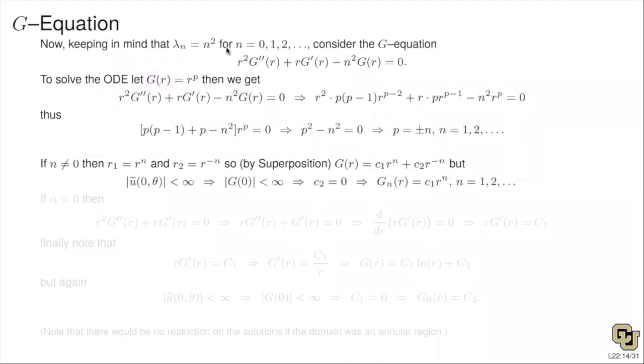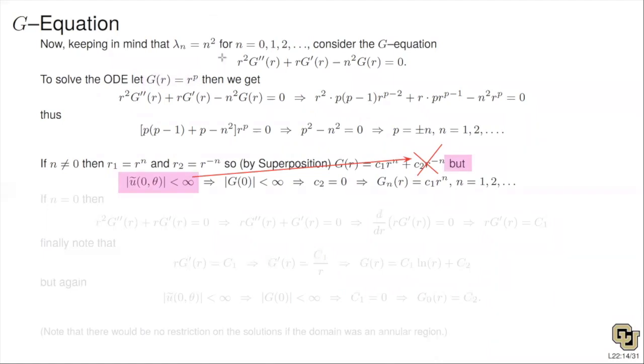But now is where we have to think about the geometry and the domain. And here we made this assumption that the solution has to be bounded at 0. So the end result is we end up rejecting r to the negative n as a solution because of this boundedness requirement.